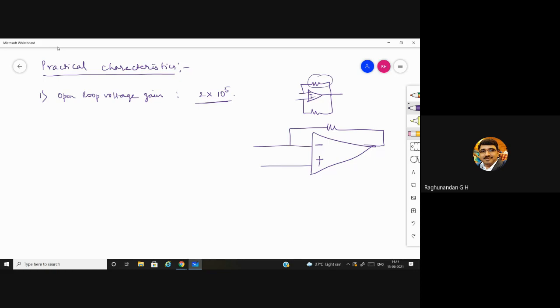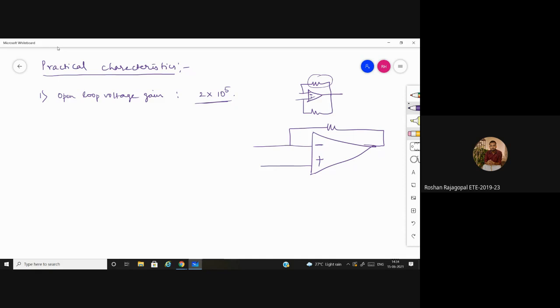This is my viva question. Is it because the feedback and the positive terminal will be at the same potential? If you connect it also, there's no use.